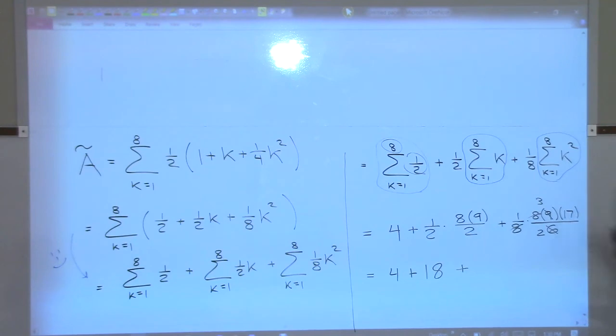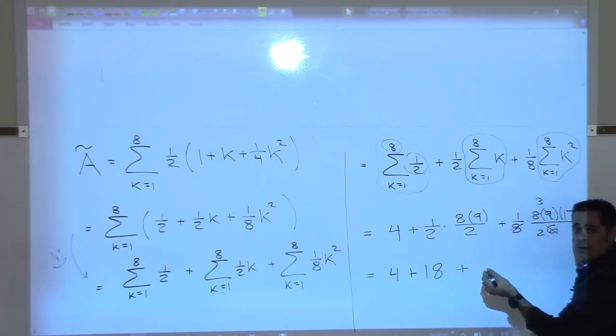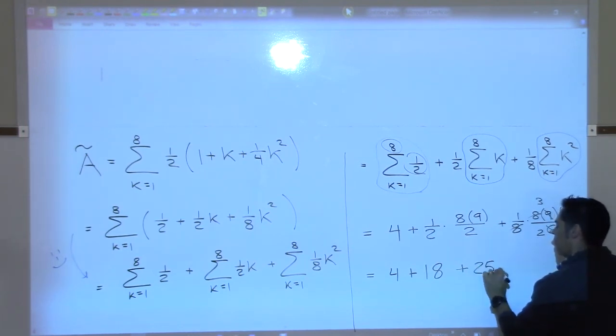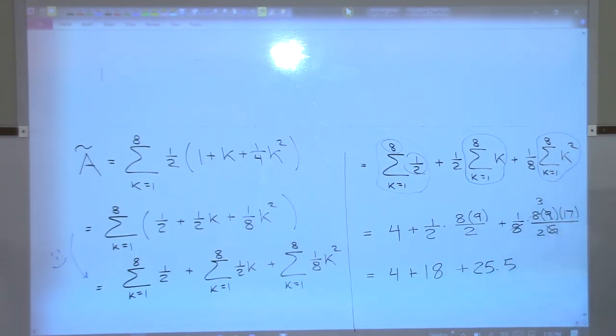That's fine. Either way. 25.5, get a decimal. We're approximating anyway, right? So 25.5. And now add them all up. What do you get if you add them all up? 47.5. That is our approximate area using 8 rectangles.